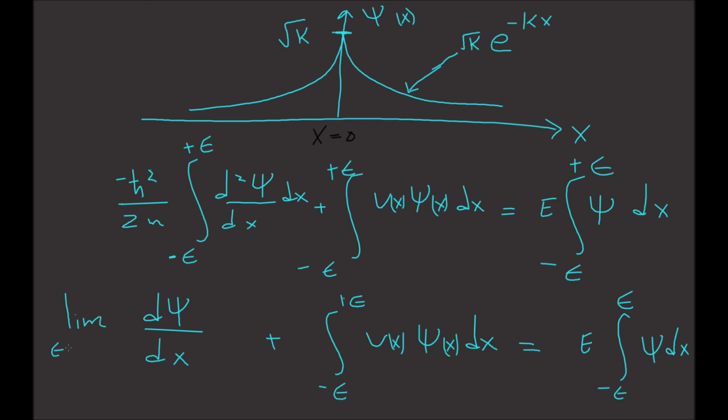Alright, so now if we take the limit as epsilon approaches 0, we have to do it in each term, right? As epsilon approaches 0, this last term is equal to 0, as these two endpoints, epsilon from the right and the left, get closer and closer to each other.